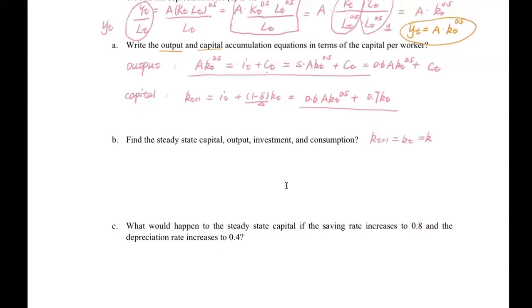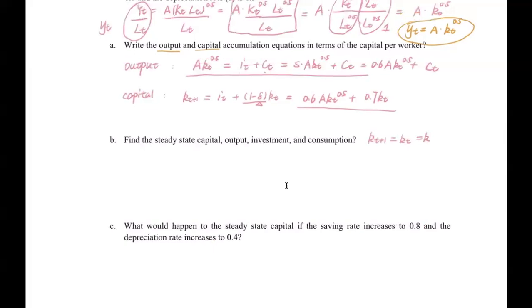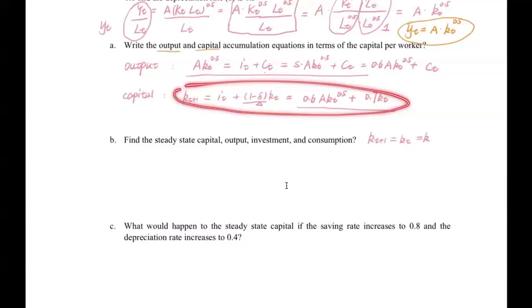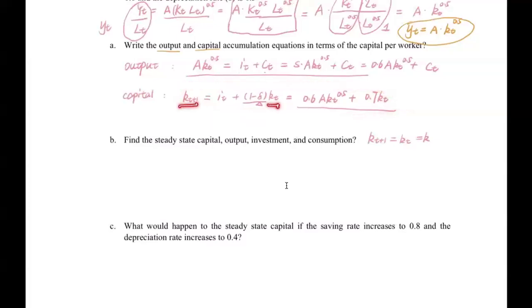So we can solve it from the capital accumulation equation, because for this equation you have KT plus 1 and KT, and you just set KT plus 1 equals KT equals K, then you will find the solution.